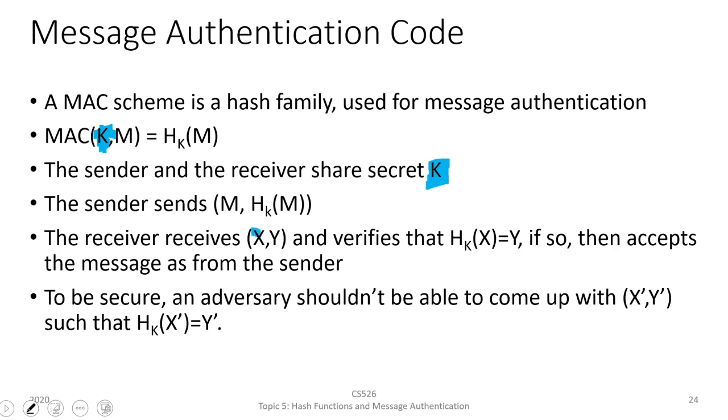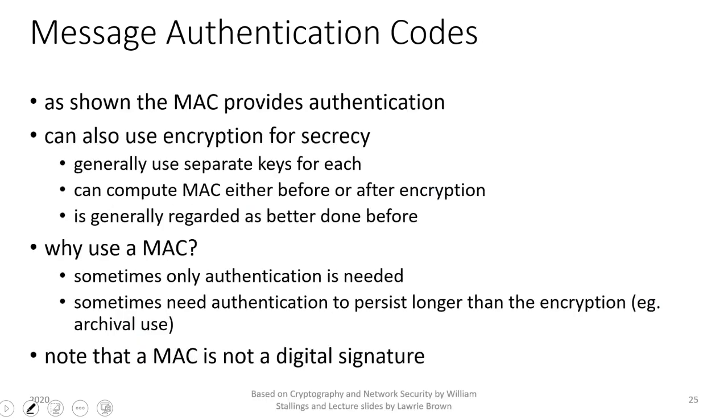So if the message is X and the MAC is Y, then we can use the X again and generate the Y again and compare that. So if one of these things is modified, the code that we generate at the end would differ, and then with that we are able to authenticate the message.